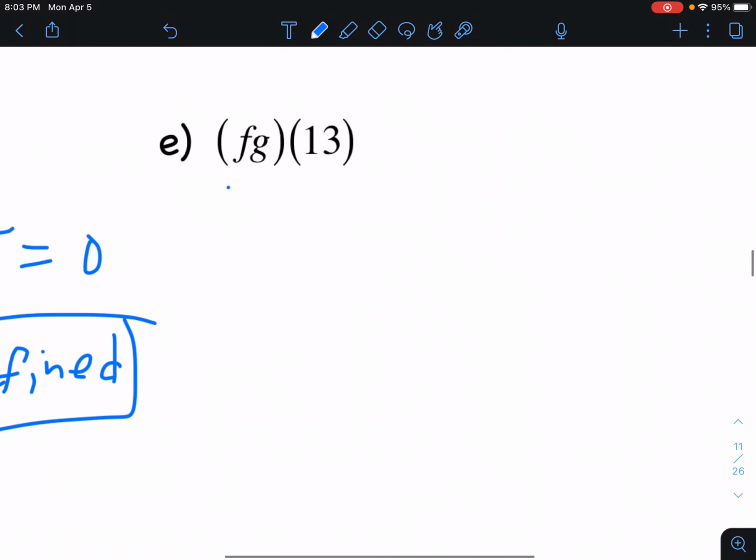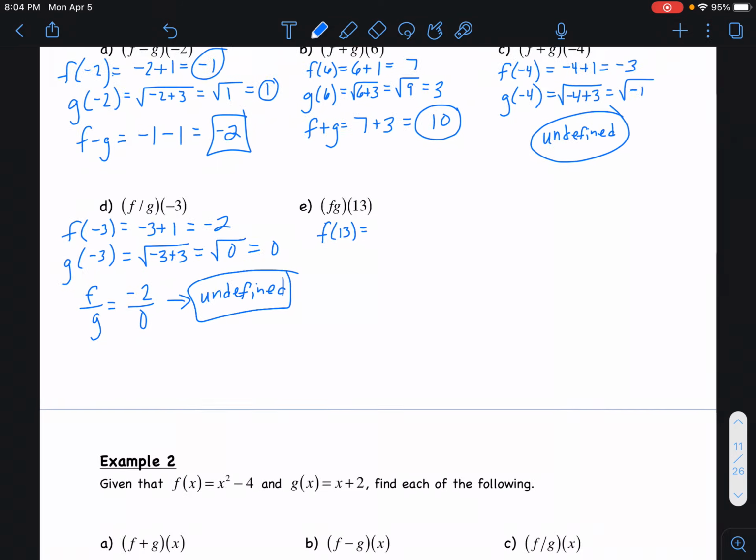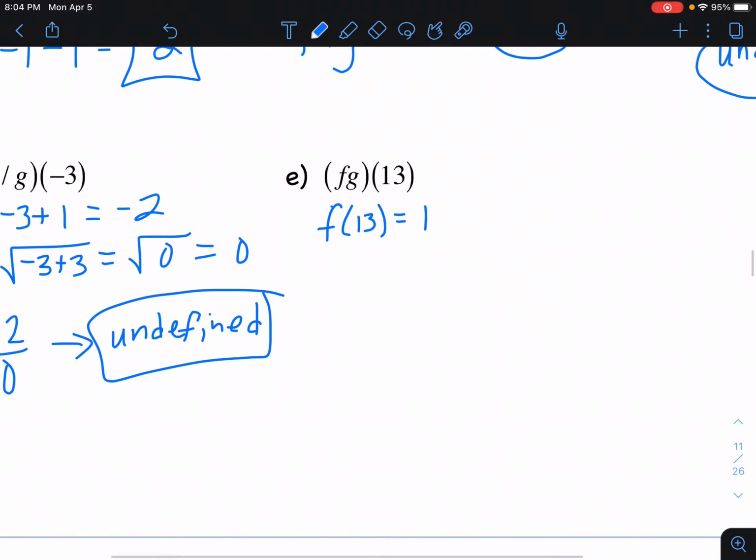Okay, letter E, fg of 13. That means f times g. So f of 13 is x plus 1, so 13 plus 1 is 14. Now we're going to do g of 13.